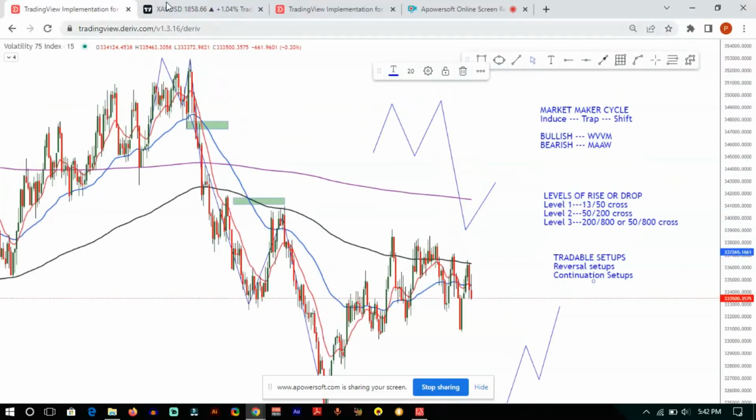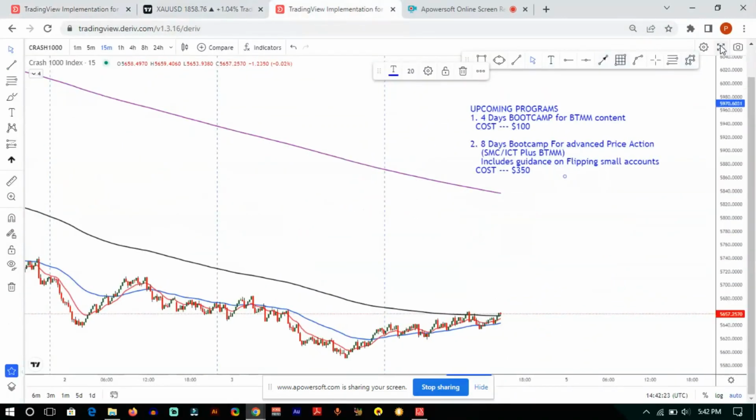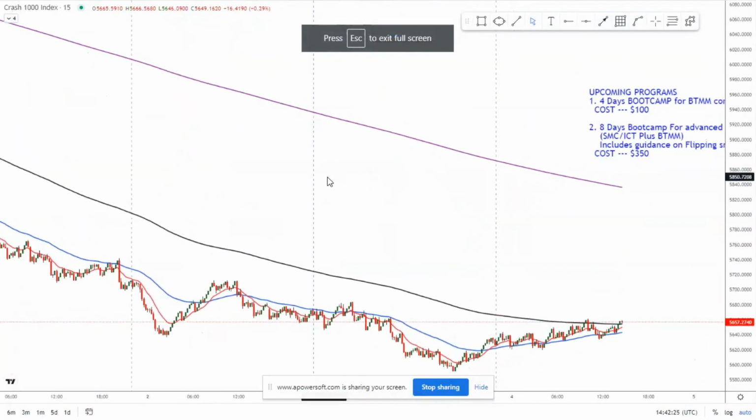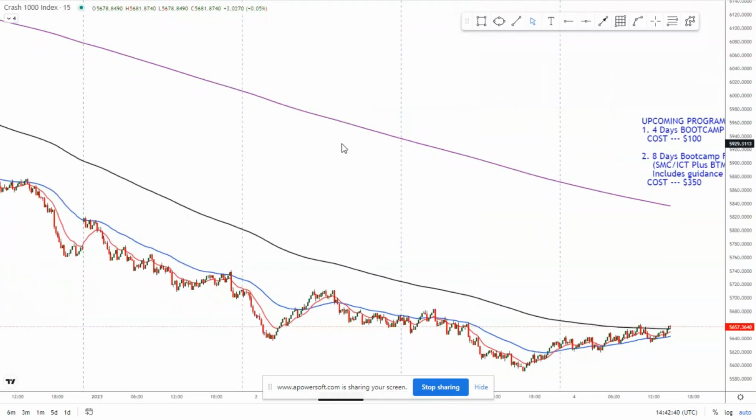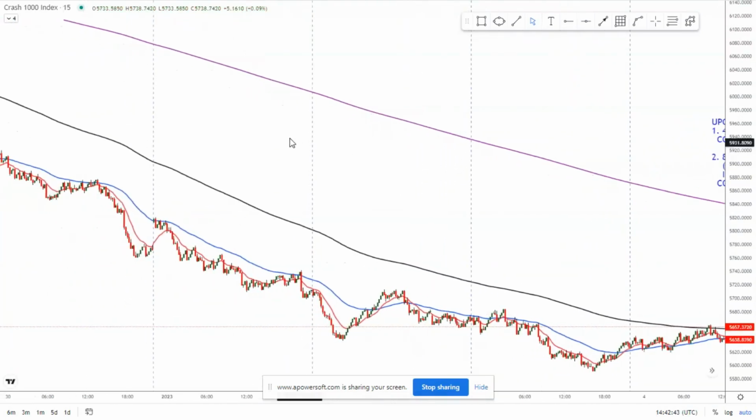Now let's look at some examples. Let me go here on Crash 1000. The beauty with BTMM and synthetic indices is that you can be comfortable when trading because you're not expecting spikes. You can easily detect days. Let's say it's a day of drop.